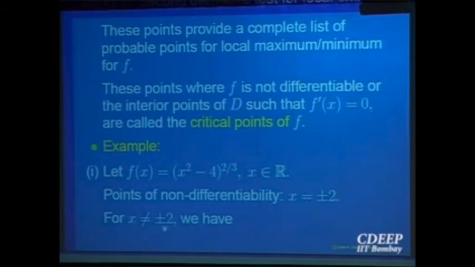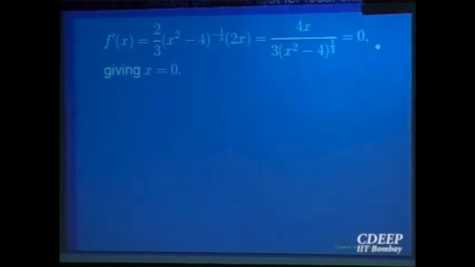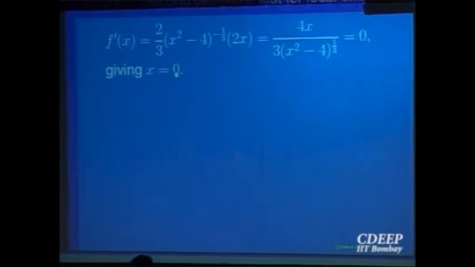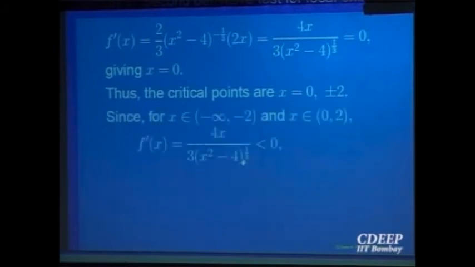Look at the points other than plus minus 2 and let us look at the derivative equal to 0. That gives you x is equal to 0. So the possible candidates, critical points, are 0 and plus minus 2. So at these points now we have to analyze. In the intervals minus infinity to minus 2, minus 2 to 0, and 0 to 2, analyze the nature of the first derivative. The first derivative exists, the second derivative exists, so I can apply the first derivative test.